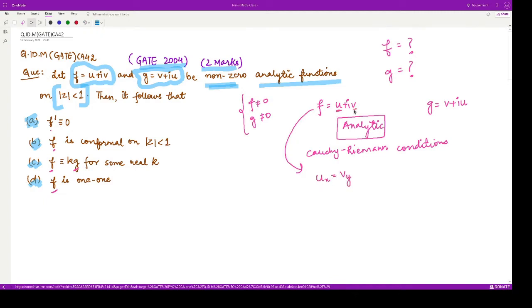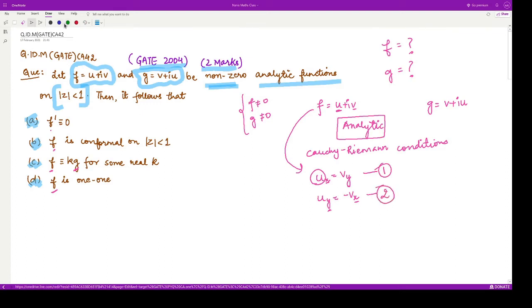This is the real part and this is the imaginary part. And the second condition we would have is u of y is equal to minus v of x, where these subscripts represent the partial derivative of these functions with respect to x or y, right? So this is our equation number 1 and this is our equation number 2.